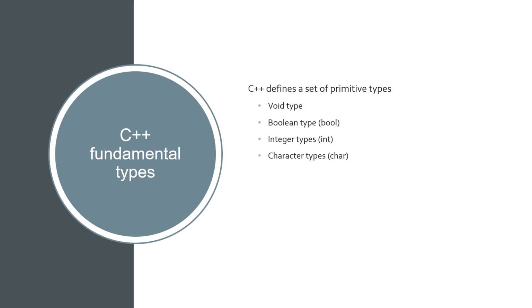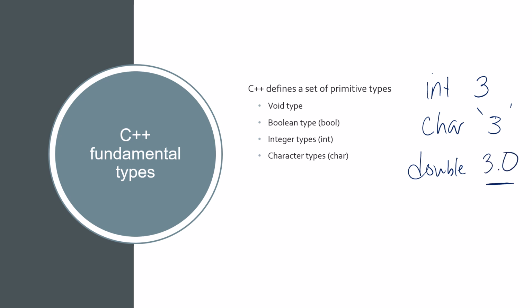Characters, those are letters. So remember that an integer 3 is not the same thing as a character 3, which is not the same thing as a double 3. So those are different. Of course, this is a numerical value 3, this is a numerical value 3, but a char has a numerical value that's not 3.